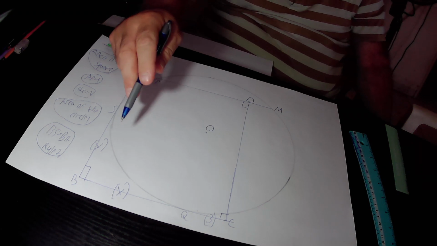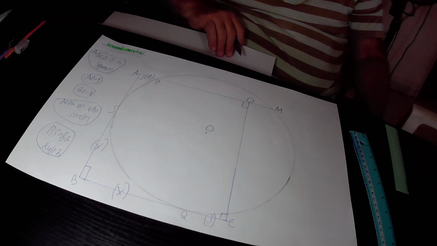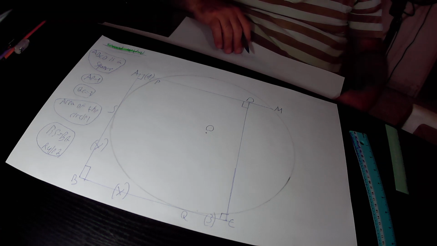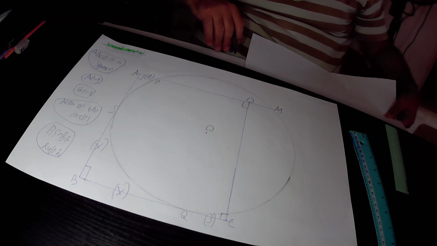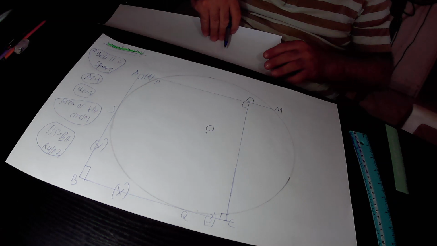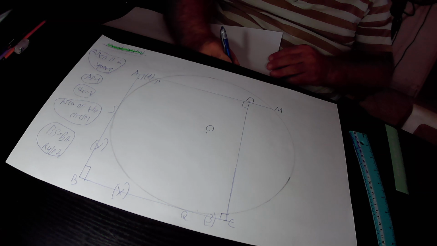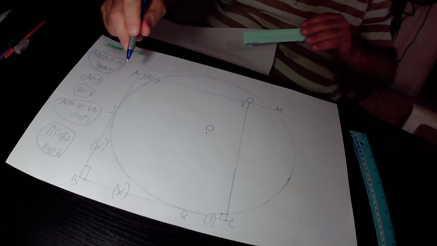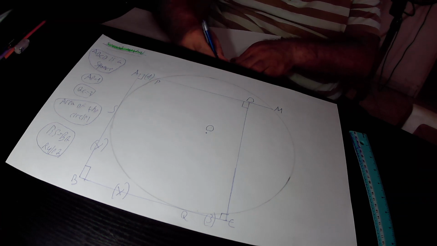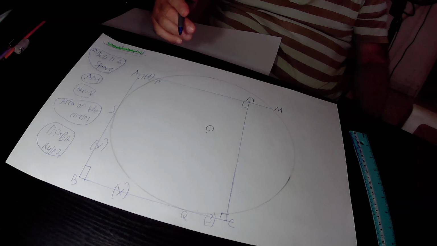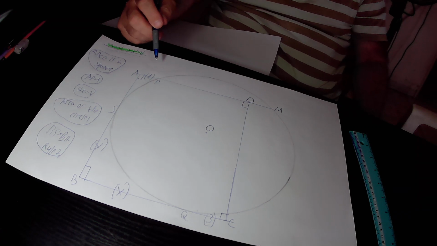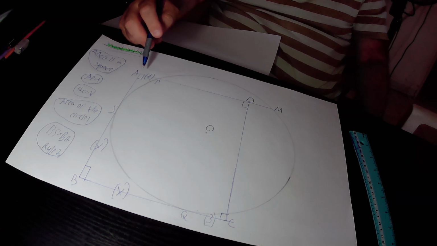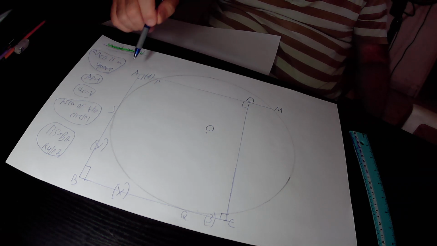And especially side AB equals side BC. Actually, in the first method, we have already found that AS equals 3, but we'll find out the length of AS again. So in square ABCD, side AB equals side BC.